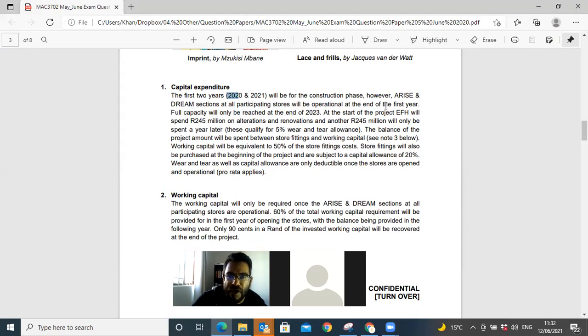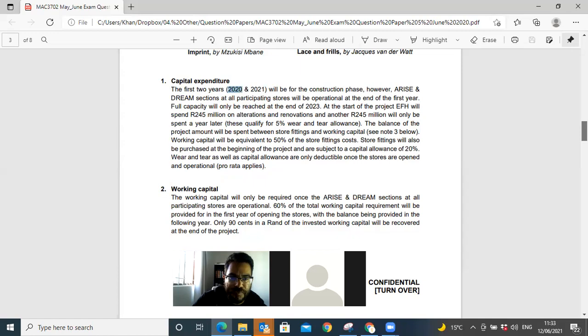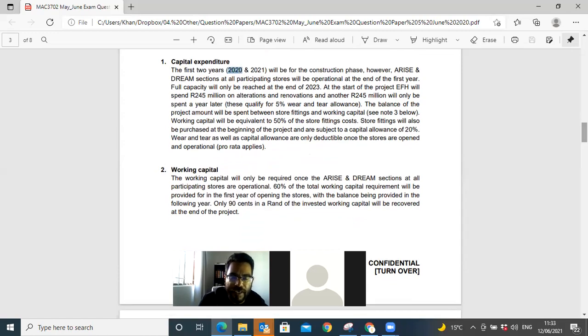They say Arise and Dream, all participating stores will be operational at the end of the first year. So they're operational at the end of the first year, so the end of 2020.